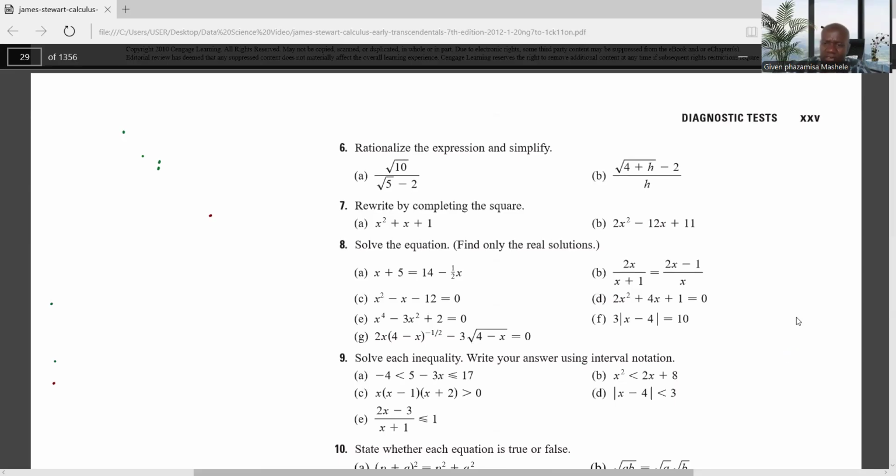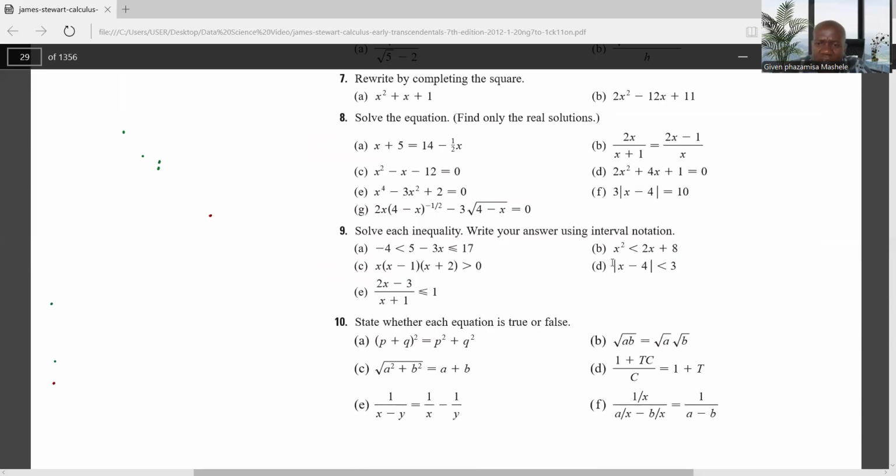This is an example of an absolute value. You're solving problems involving absolute values, inequalities together with absolute values.